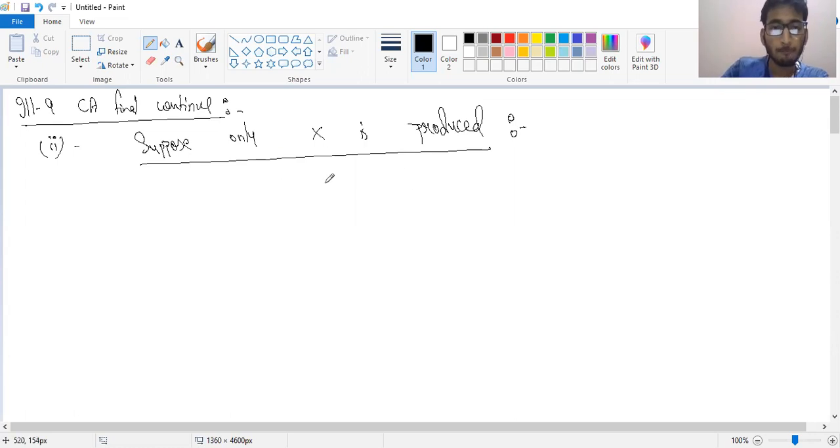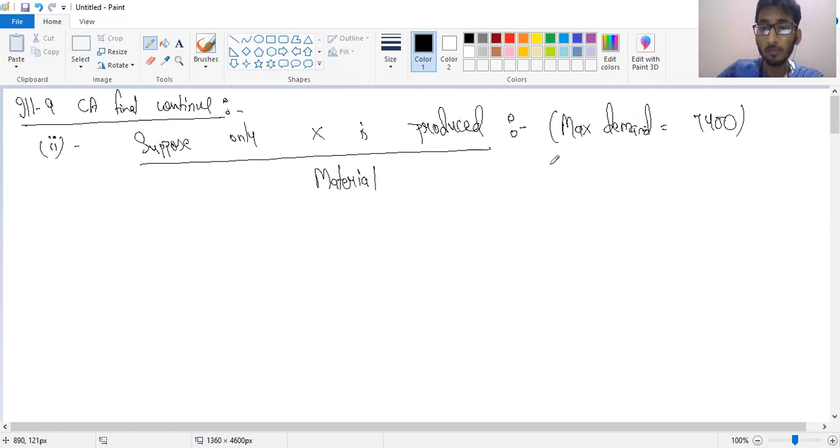If I am producing X only, the maximum demand of X is 7,400, which is given to us. Since we can produce only one of those two products, we are checking whether we need to produce X or Y.